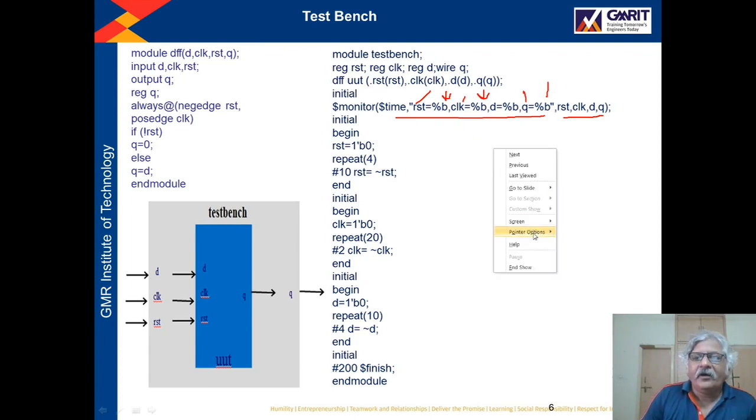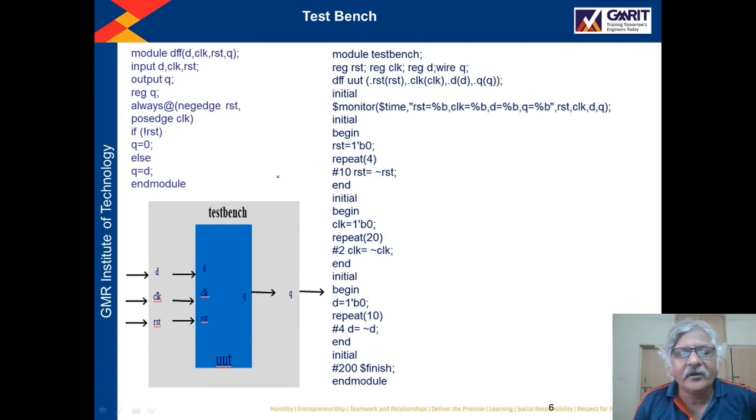Okay. Now here in this test bench, I am using multiple initial blocks. We can use multiple initial blocks in writing the test bench. An initial block is a procedural statement, just like an always block, and we can use multiple initial blocks and multiple always blocks in any Verilog code.